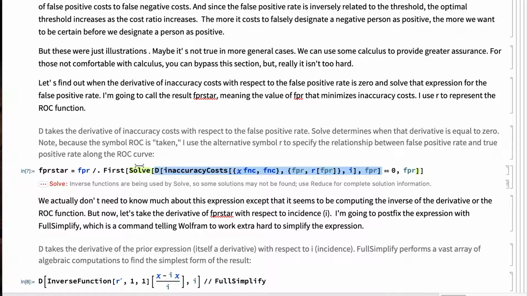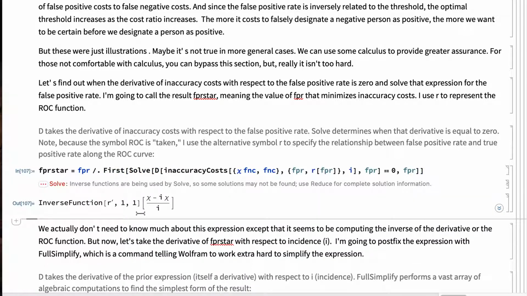So I'm going to use algebra to solve when that derivative is equal to 0. All right, so let's do that. And we get some expression here. Now, we could spend time figuring out what the heck that expression means, but actually we don't need to. It's just an expression. Let's hold on to it.